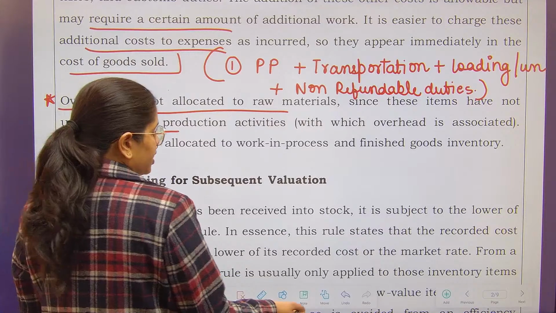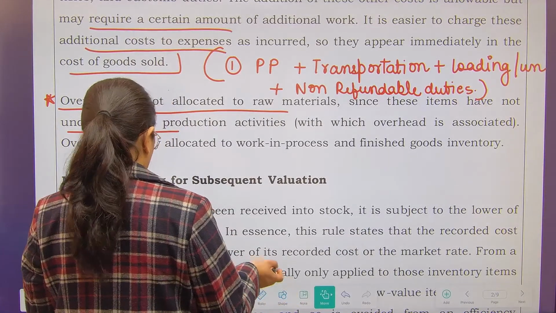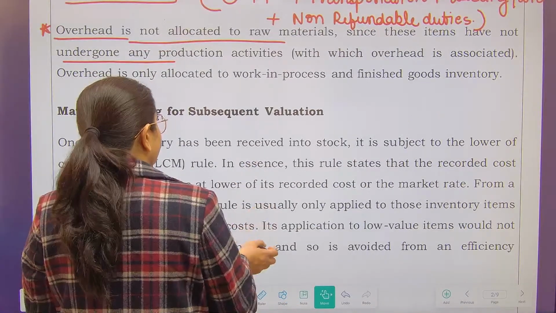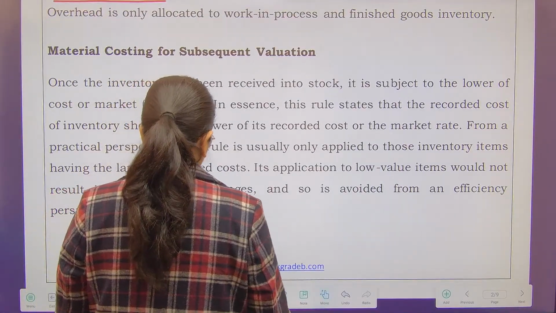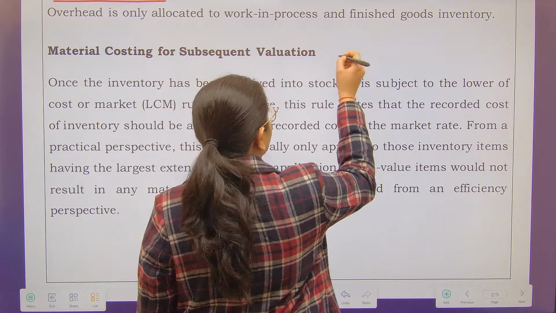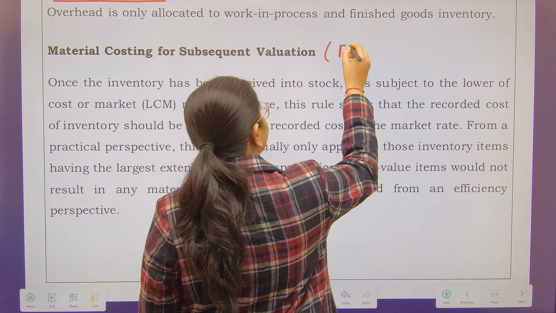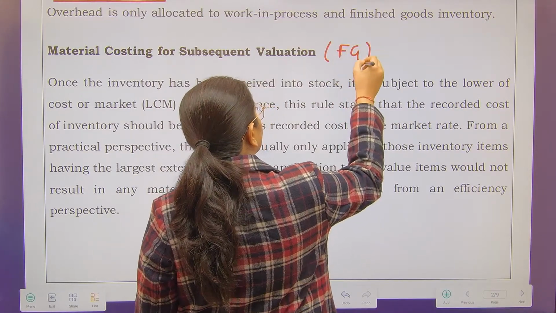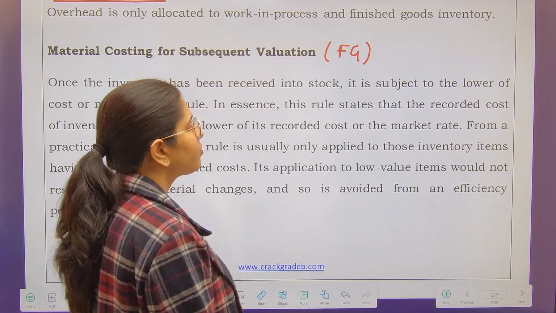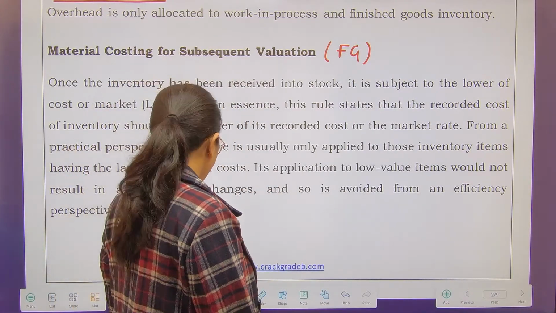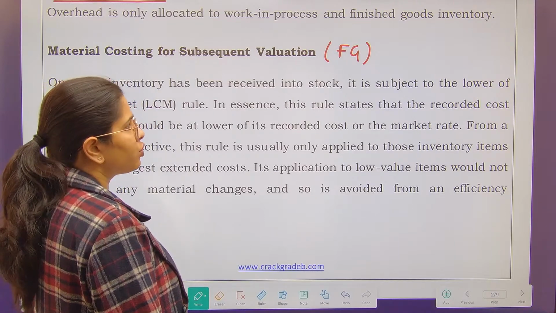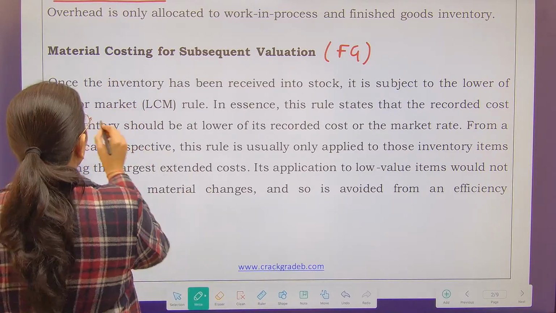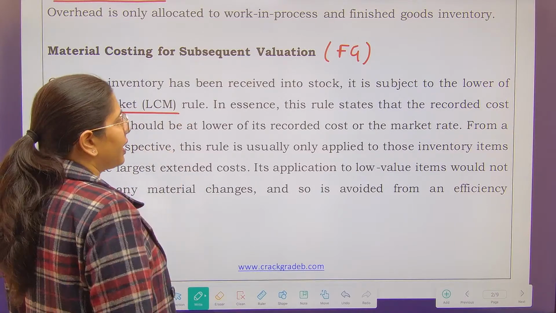Now material costing for subsequent valuation. This is for your finished goods, right? So what will happen over here? Once the inventory has been received into stock, it is subject to the lower of cost or market rule.